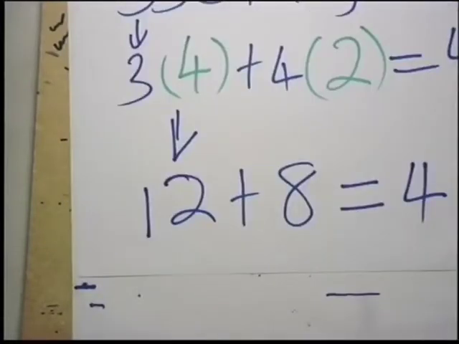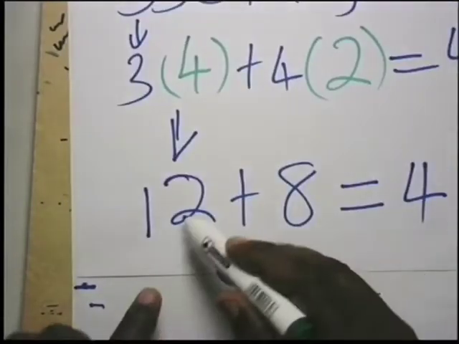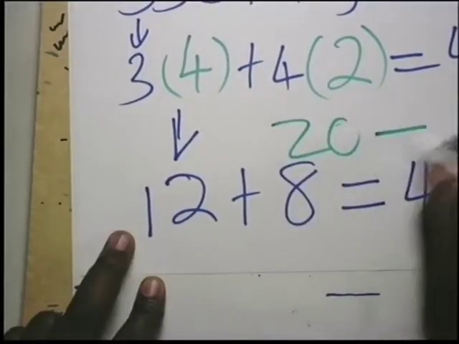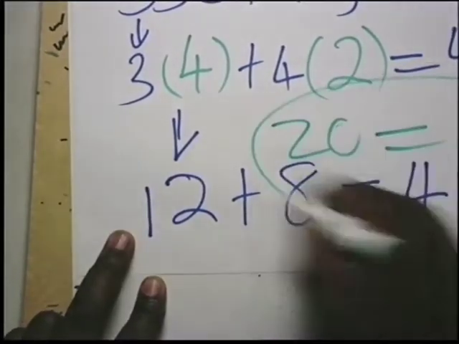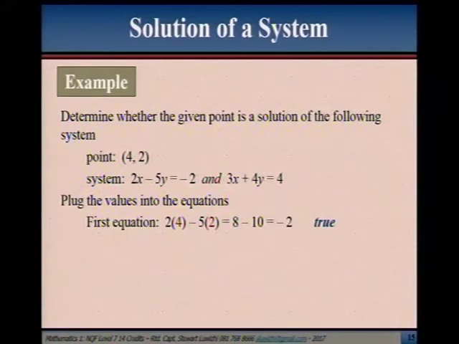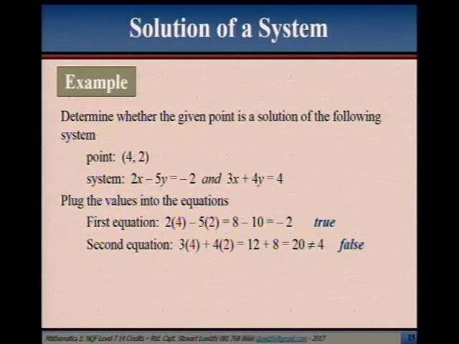If we say 12 plus 8, it gives us 20, and 20 cannot be equal to 4. So it's not true. Okay? So the first one, we said it's true, and the second one is false because 20 cannot be equal to 4.